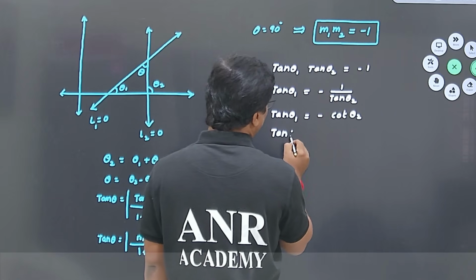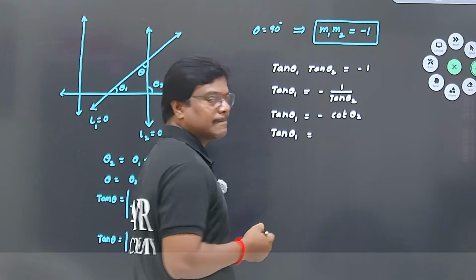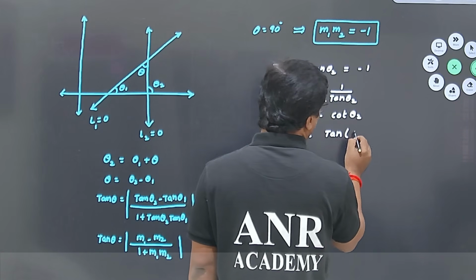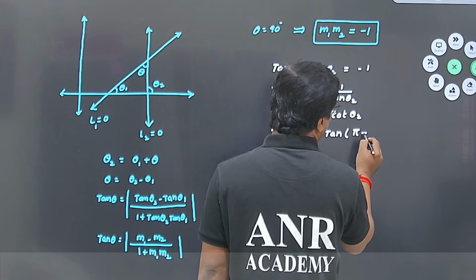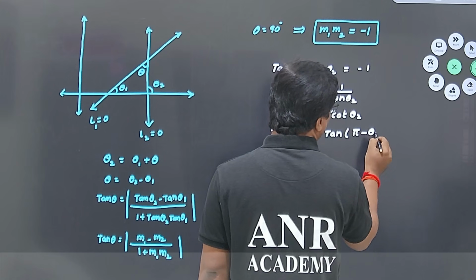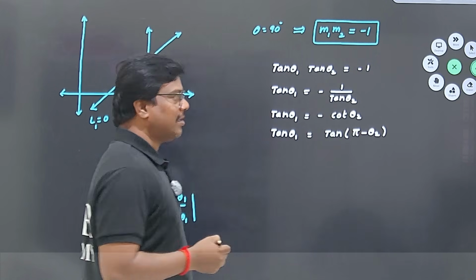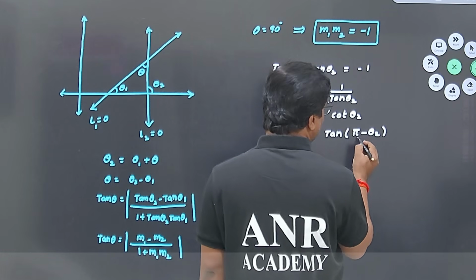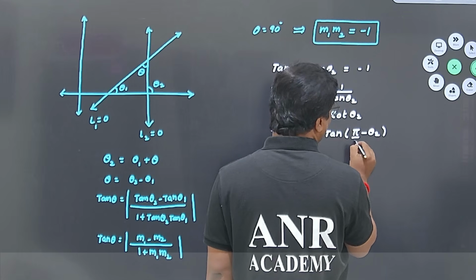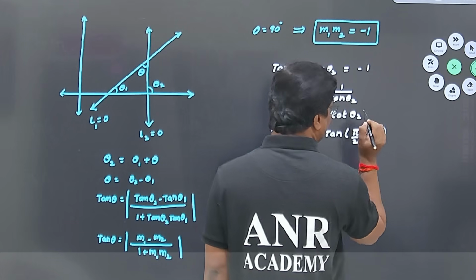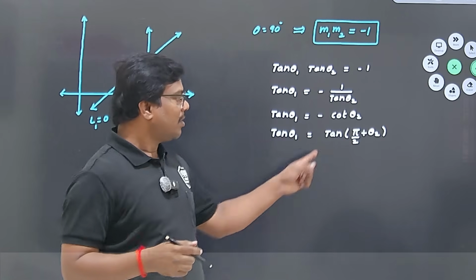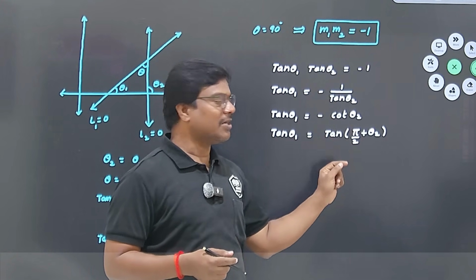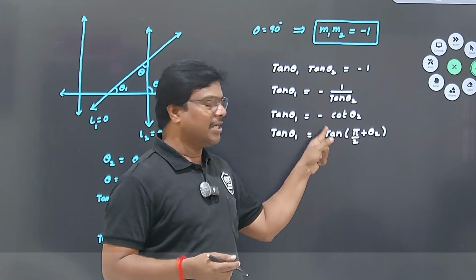Also I can write tan theta 1 value equal to tan of 180 minus theta 2. In the second quadrant, tan is negative, it is pi by 2 plus theta 2. For 90 plus theta, it changes to cotangent. 90 plus theta is in the second quadrant. In the second quadrant, tangent is negative. Yes.